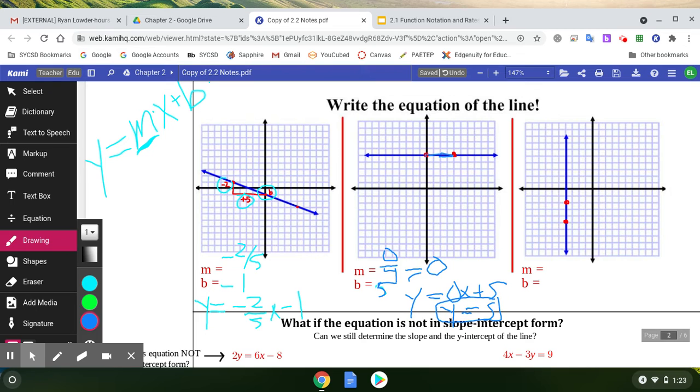So if you recall from the previous page, a graph that looks like this will be in the form of x equals a number, and then a graph that has a horizontal line will be in the form of y equals a number. So once again, in the case of this graph, we've already stated that there is no y-intercept because it never crosses the y-axis, and that the slope is undefined.